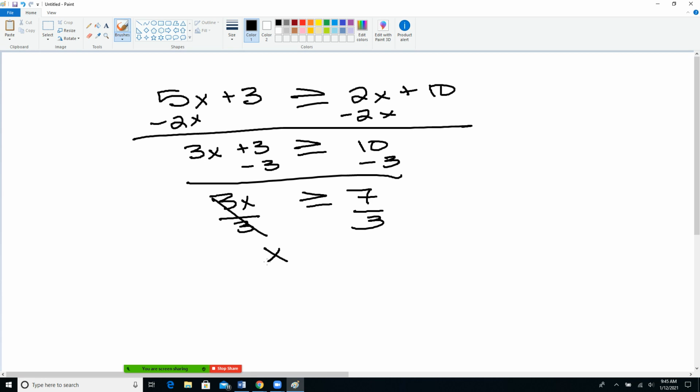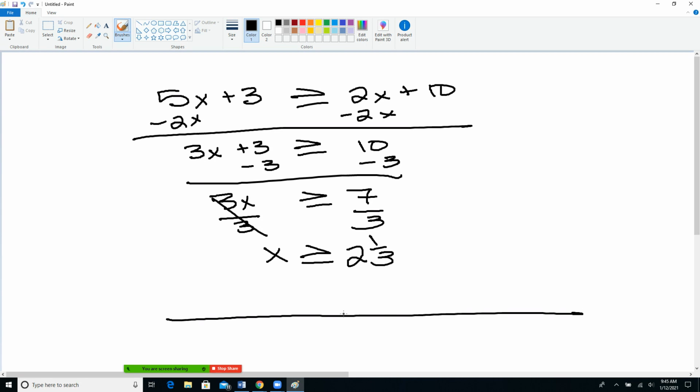We have x is greater than or equal to 2 1/3. So I go to 2 1/3 and I fill it in because it's equal to. There it is. x is greater than or equal to 2 1/3.